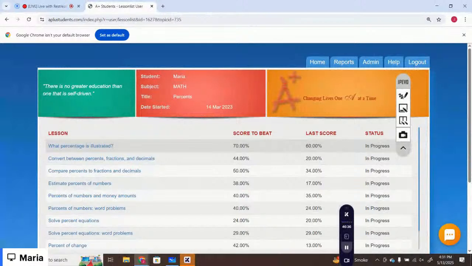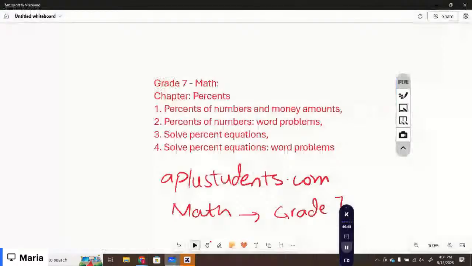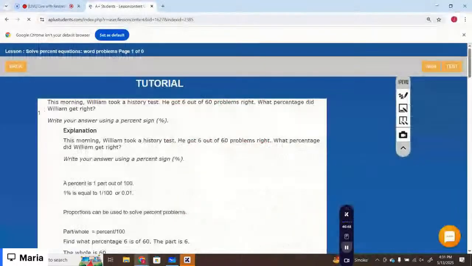The next lesson is solve percent equations word problems. Let's just start with the test questions.